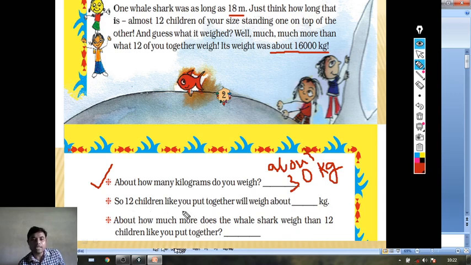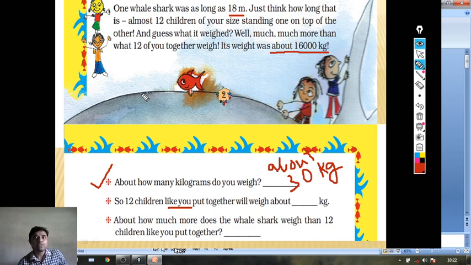So 12 children like you, that means 12 children, each child weighing 30 kg, put together will weigh about dash kg. So if one child weighs 30 kg, what will be the weight of 12 children?